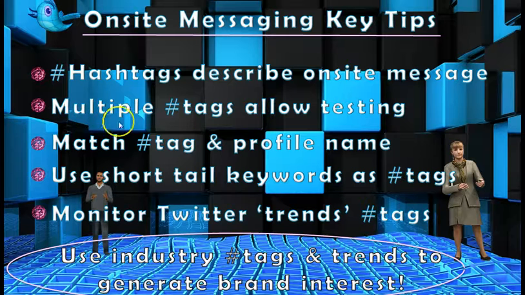The next thing is multiple tags allow you to test what is most effective. Let's again use our example. Let's just say you built a hashtag that said Auto Mechanics California. Well, you could construct your tweet in a way that it's readable for readers and great search fodder for Twitter's indexing bots anyway.